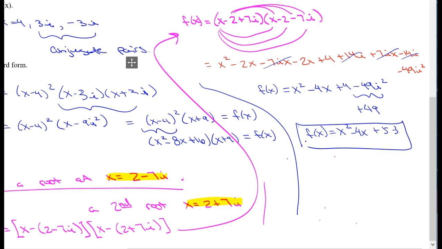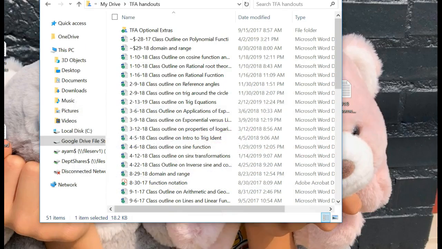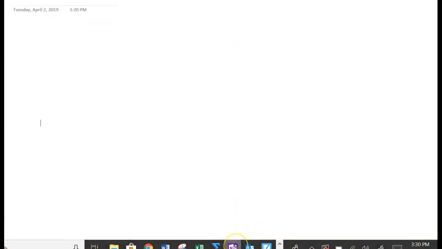All right, let me go now to my second piece of paper. There I am. Okay, so a couple things. When you are looking at polynomial functions with imaginary roots, for the purposes of our work this year, imaginary roots do not show up graphically.